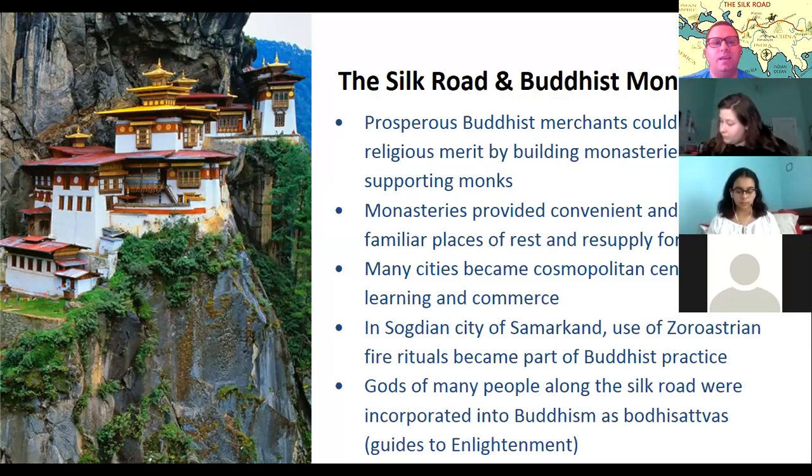That worked out well for these merchants because it gave them a place not only to rest, but also to gather additional supplies. And so a lot of cities ended up sprouting around all of these monasteries. They become, again, centers of learning. They have extensive libraries and things like that.